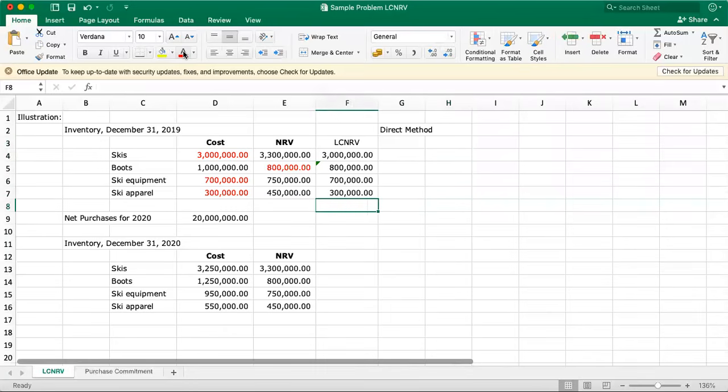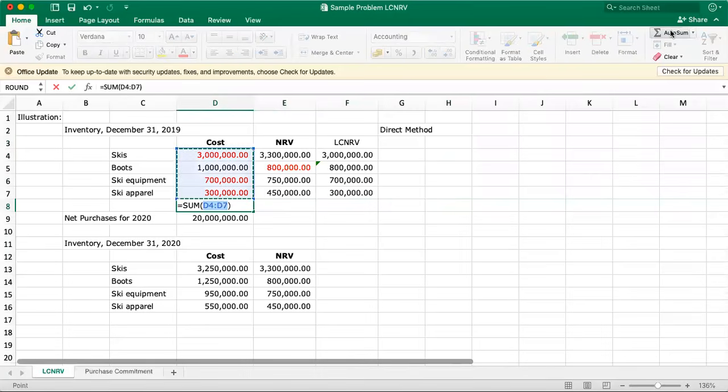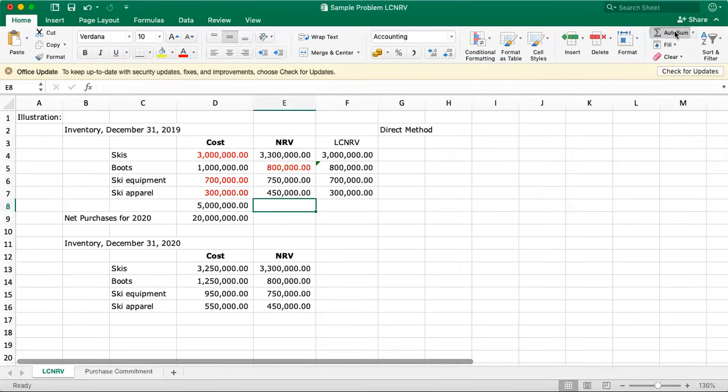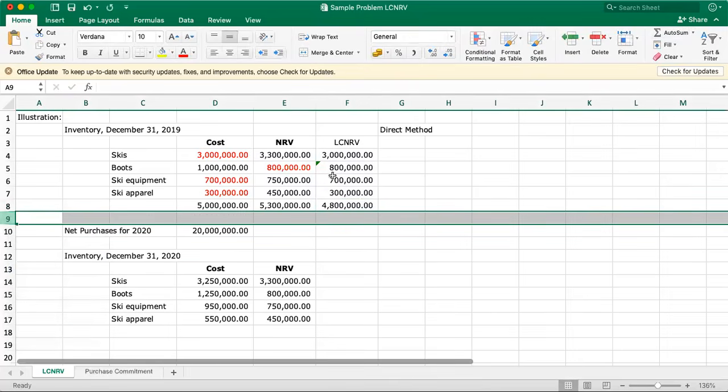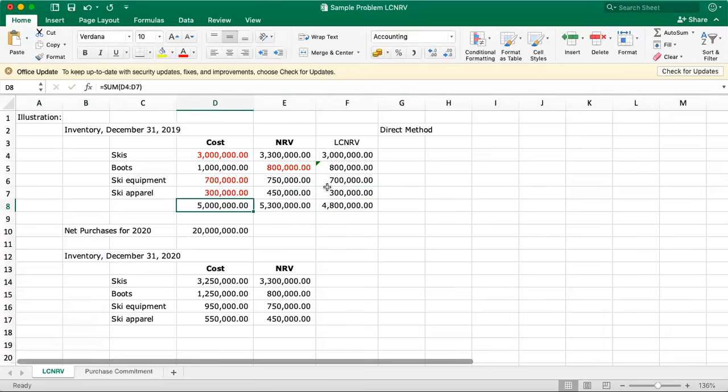So we get the total cost, the total NRV, and the total LCNRV. If we total them, it is 5 million versus 5.3 million, so 5 million would be the answer. But again, inventory is measured on an item by item basis or individual basis.